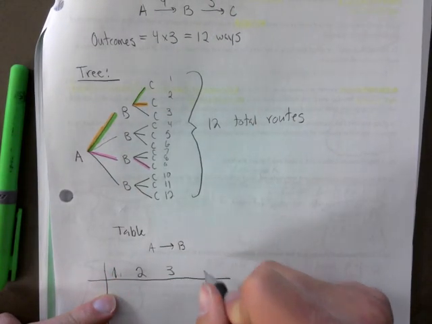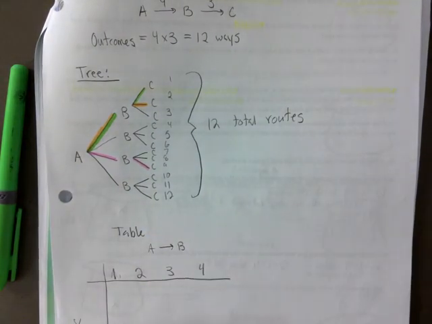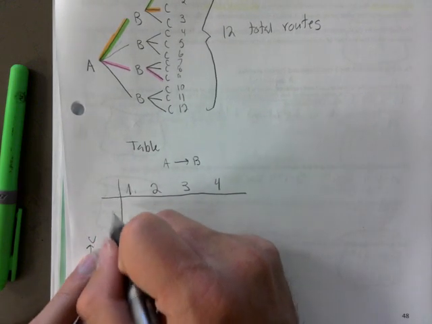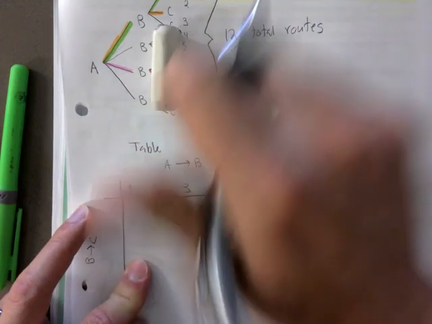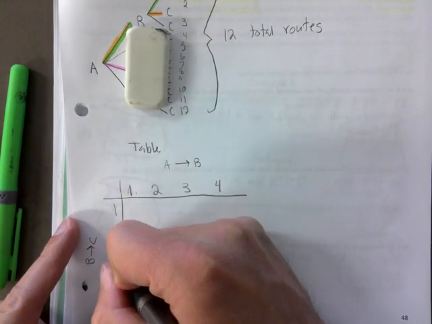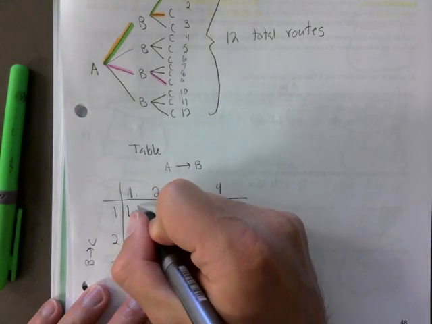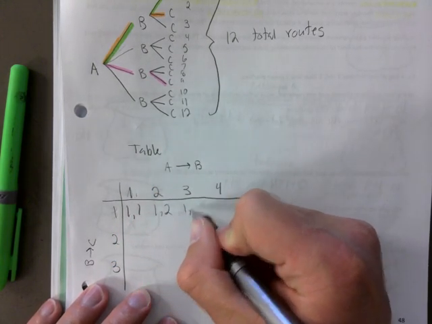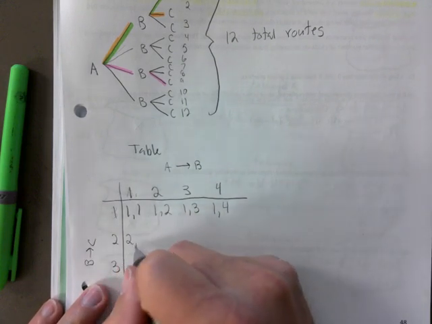So how many roads from A to B? There's 4. Just label them 1, 2, 3, 4. How many roads from B to C? 3. So 1, 2, 3. Then we take road 1 and then road 1, road 1 and road 2, road 1 and road 3, road 1 and road 4.